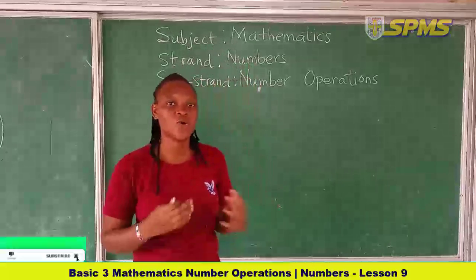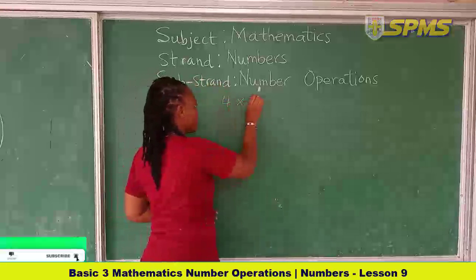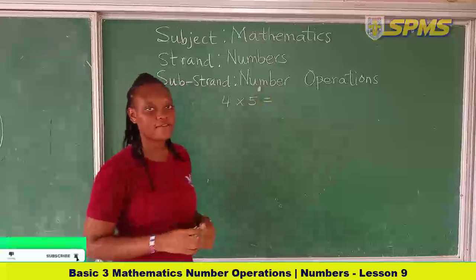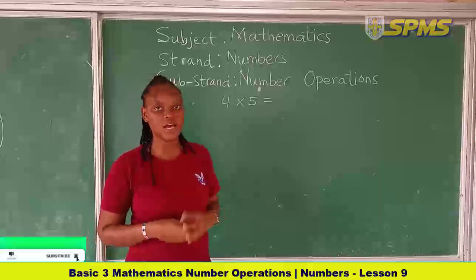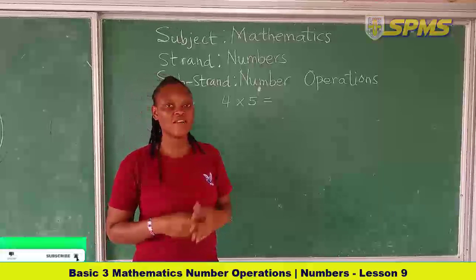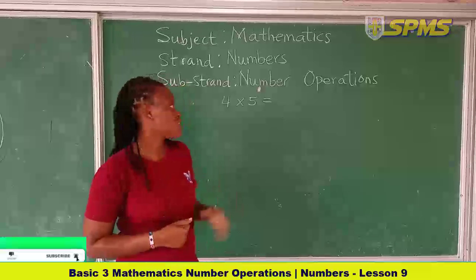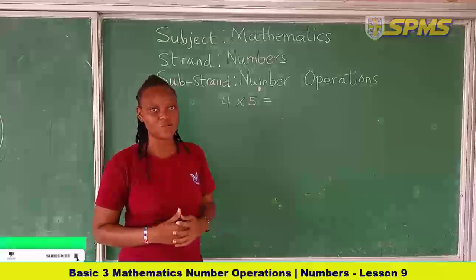Okay. So we have another example. We have 4 times 5. 4 times 5. We are using the arrays to find our answer, using the vertical and then the horizontal lines. Our first number takes the vertical lines, which are what?